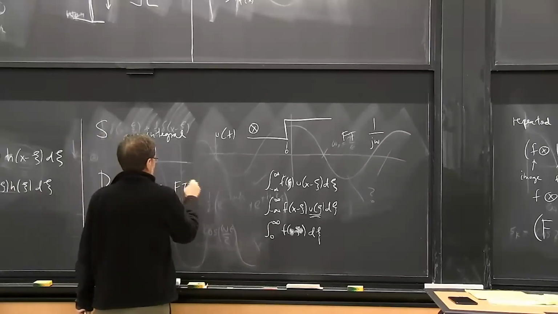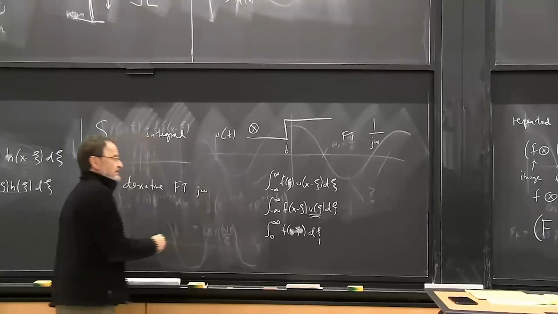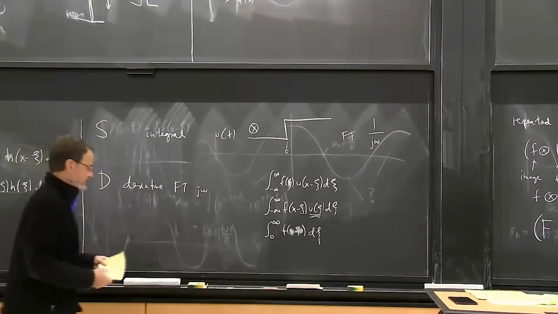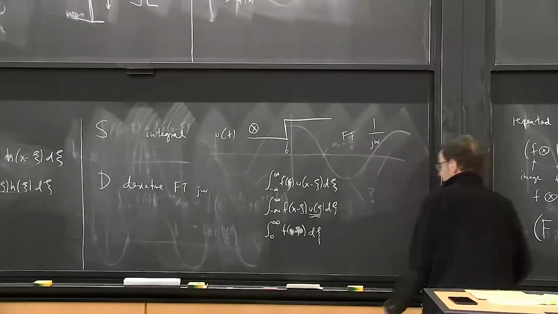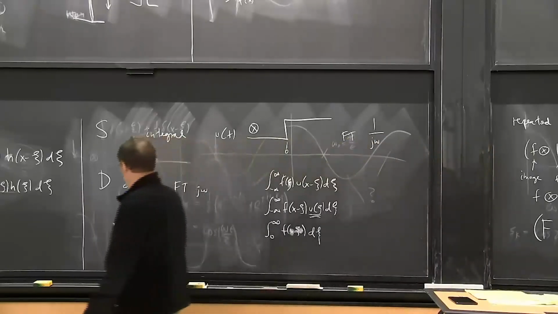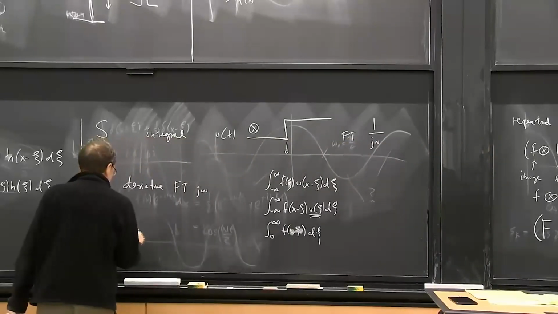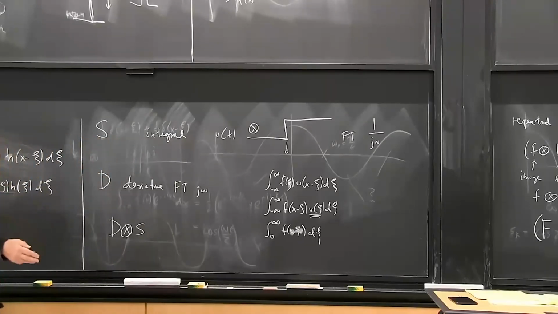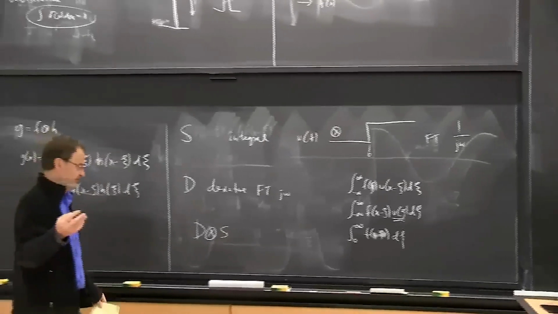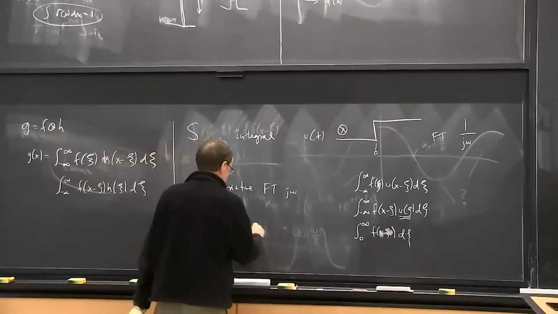And it has a Fourier transform that's j omega. And not too surprisingly, those are inverses of one another, because if I were to convolve the two of them, what I'm doing is making an operator that first integrates and then differentiates. And of course, that's the identity.